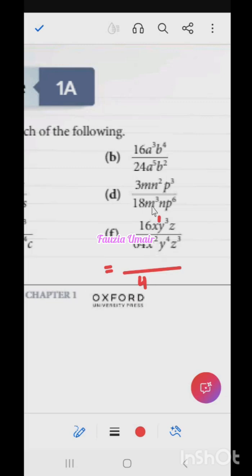Instead of bringing x square on the top, we will take x raised to power 1 down. So it would be x in the denominator. Now y4 is in the denominator, y cube is in the numerator, so y is left in the denominator. So z power 1 is in the numerator and z square in the denominator, which means there is nothing left in the numerator, so we will just put 1 here, right? So this is how you need to solve.